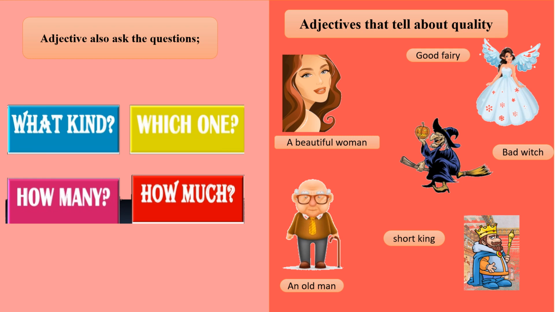A short king. So now boys, if you see these words, beautiful, it will describe the woman. Good fairy, bad witch, old man, short king. So when we frame the question what kind, it helps us to identify the adjective of quality.